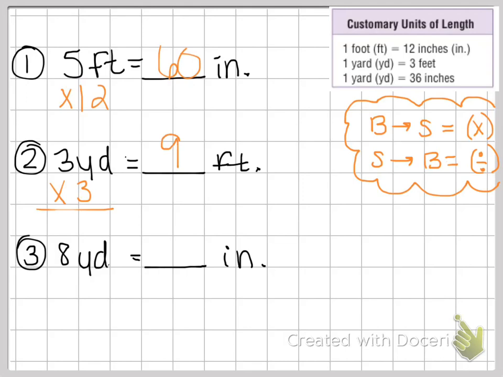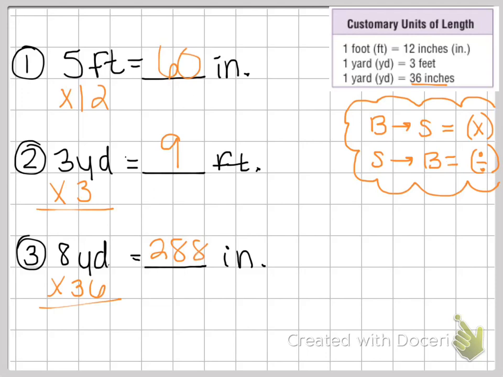And last one, number 3, 8 yards is equivalent to how many inches? Again, we're going from a bigger unit. Yards are bigger than inches, so we're going to be multiplying again. So let's multiply the number of inches in a yard, which is 36, by the number of yards, 8, and we get a product of 288.